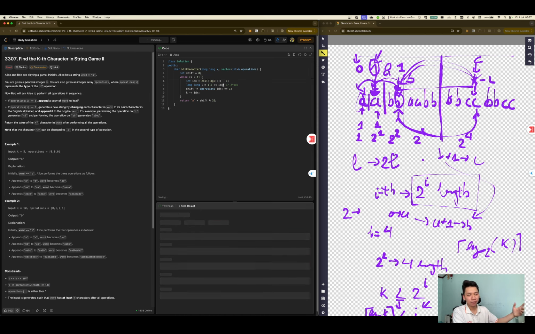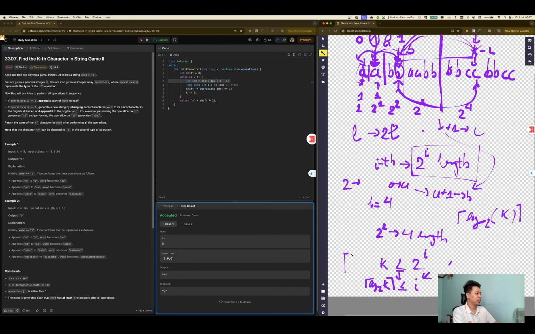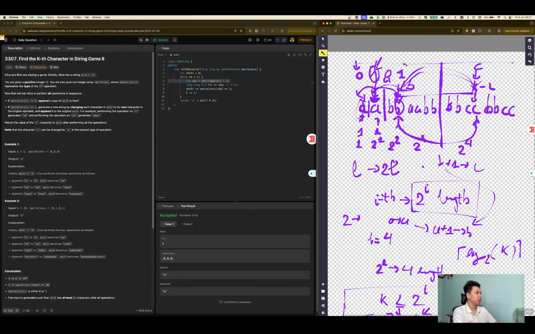It's minus 1 because we index from 1. Okay, let's go through the code again. First of all, we need to iterate until we meet the first element. That's why we have the condition K larger than 1 here. And we need to calculate the index as I explained here. We need to calculate the index, then determine which operation it does, and if that's 1, we need to shift one character, so we need to store it.